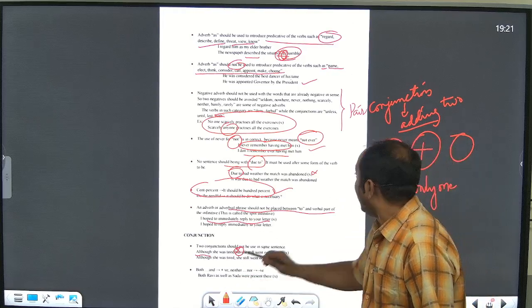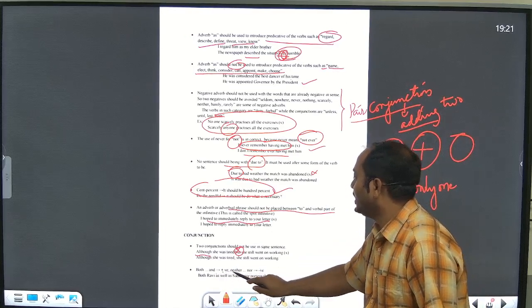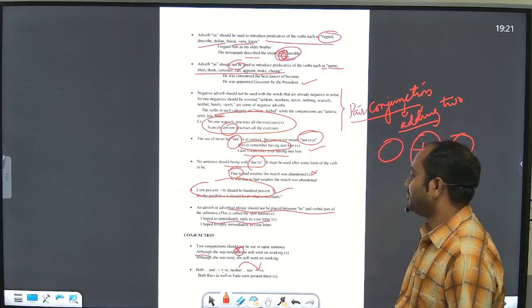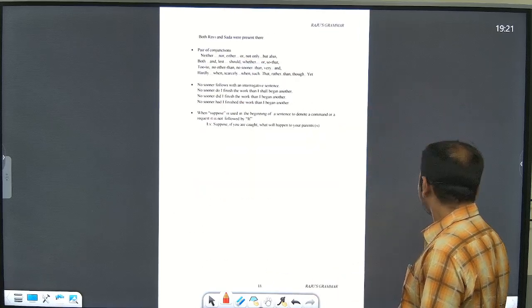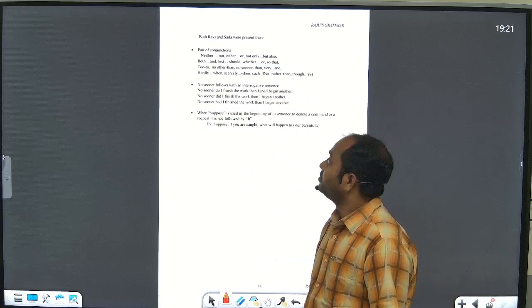Next, already just now I mentioned pair conjunctions, both and. They are giving the positive meaning, neither nor negative meaning. So both Ravi and Sada were present here. That is positive.